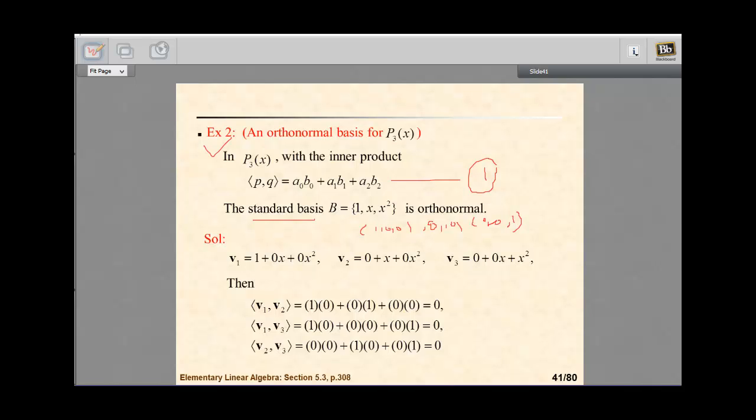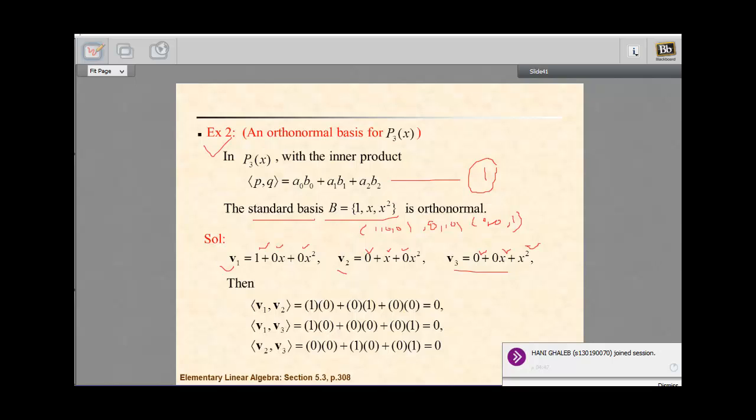With the help of this, I write the standard basis: v1 is equal to 1 0 0, the second vector will be 0 1 0, and the third standard vector will be 0 0 1. We have to show whether it is orthonormal.